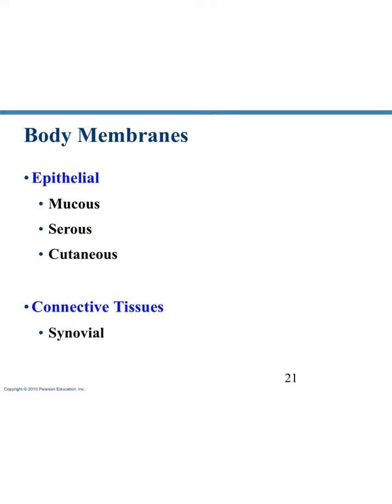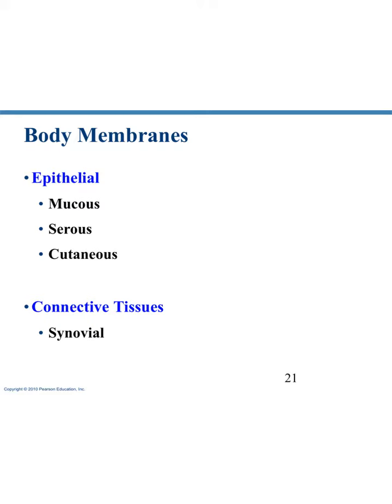So again, make sure that on page 58 in your lab manual you go over that chart that you filled out and you know the locations and general functions of the types of epithelial as well as connective tissues. Body membranes. There are 4 different types we want to talk about, 3 of which are comprised of epithelial tissue.